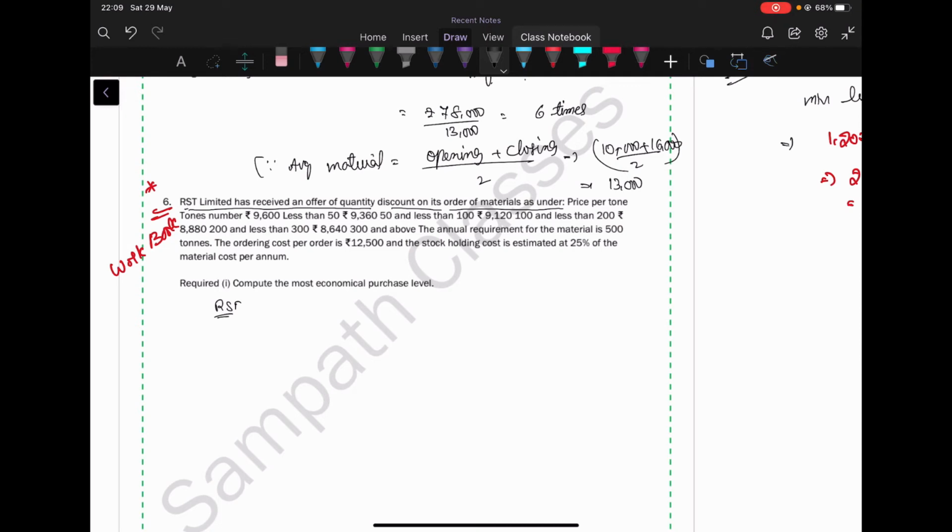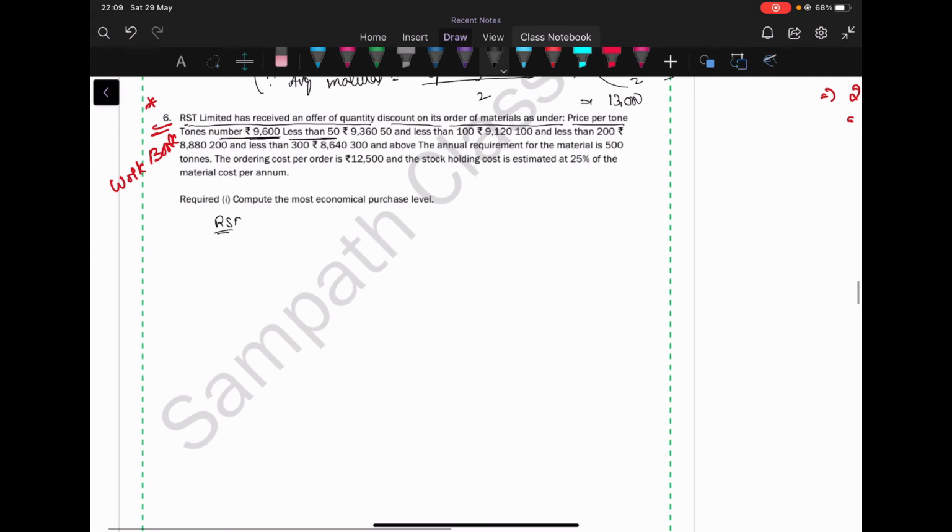Here the price per ton is given. If your order is for less than 50 units, you need to pay 9,600 rupees per unit.